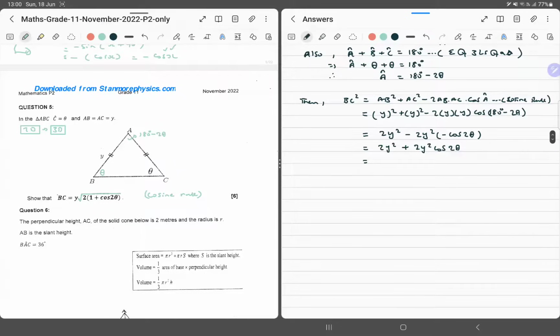Okay, so what do we do? We factor out this thing. We can see that 2y squared is common to both, like that. And then we can say therefore BC is going to be, when we take the square root of what we've got over there, the square root of 2y squared into 1 plus cos 2 theta.